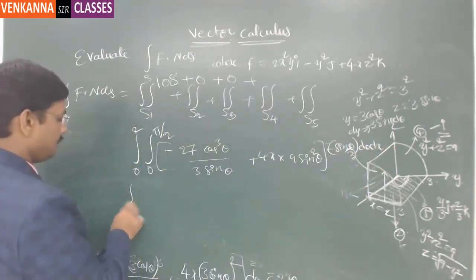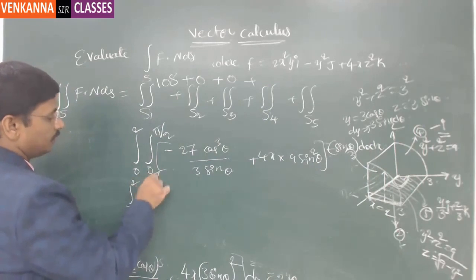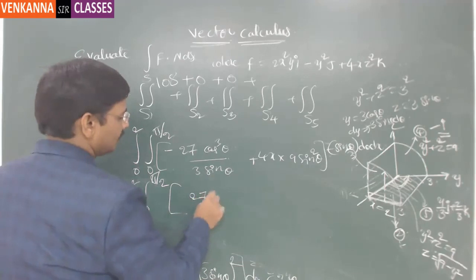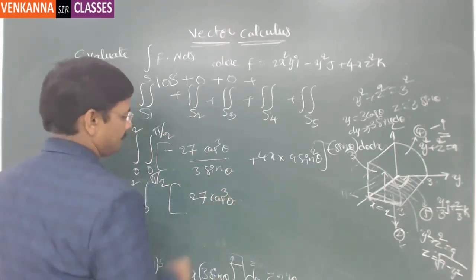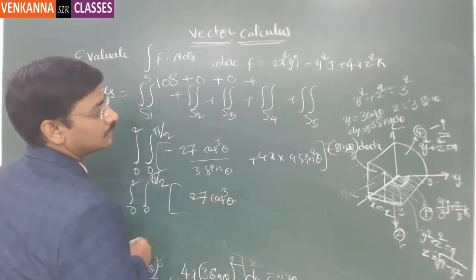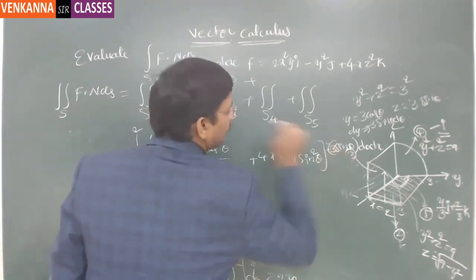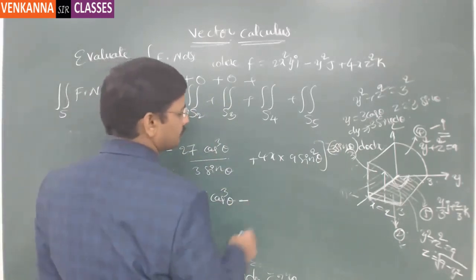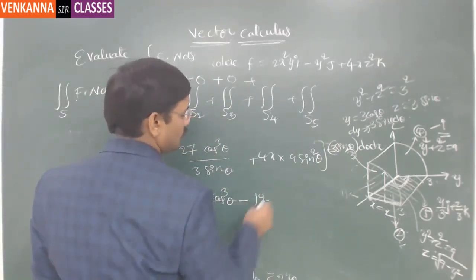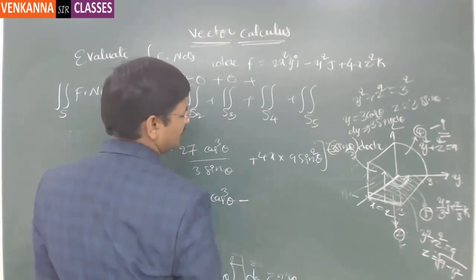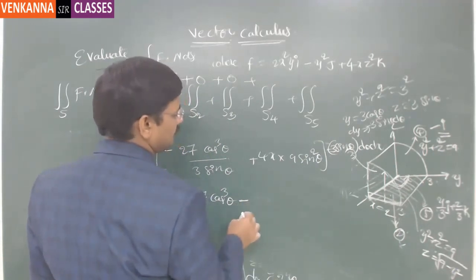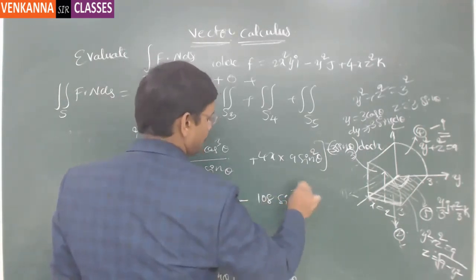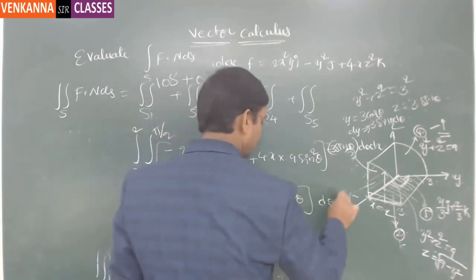So integral 0 to 2, integral 0 to pi by 2, and then we multiply with minus sin theta, 27 cos cube theta minus 3 sin theta. So 27 cos cube theta minus 12 into 9, 108 sin cube theta, d theta dx.